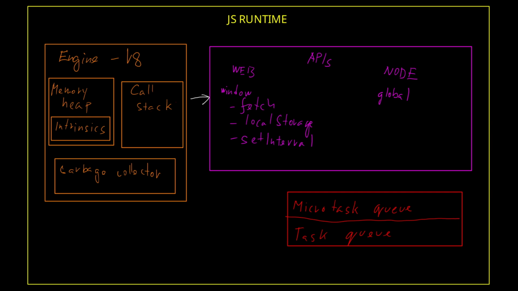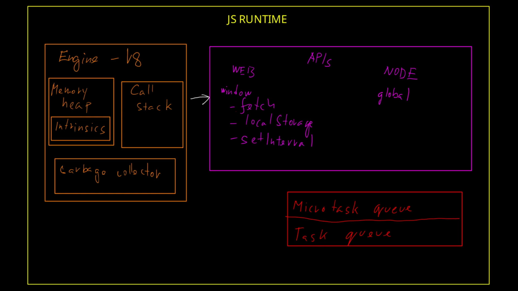And this is synchronous, so the call stack is paused for a while, blocked. It doesn't execute other functions, and when localStorage.getItem returns the value, it continues with its execution.